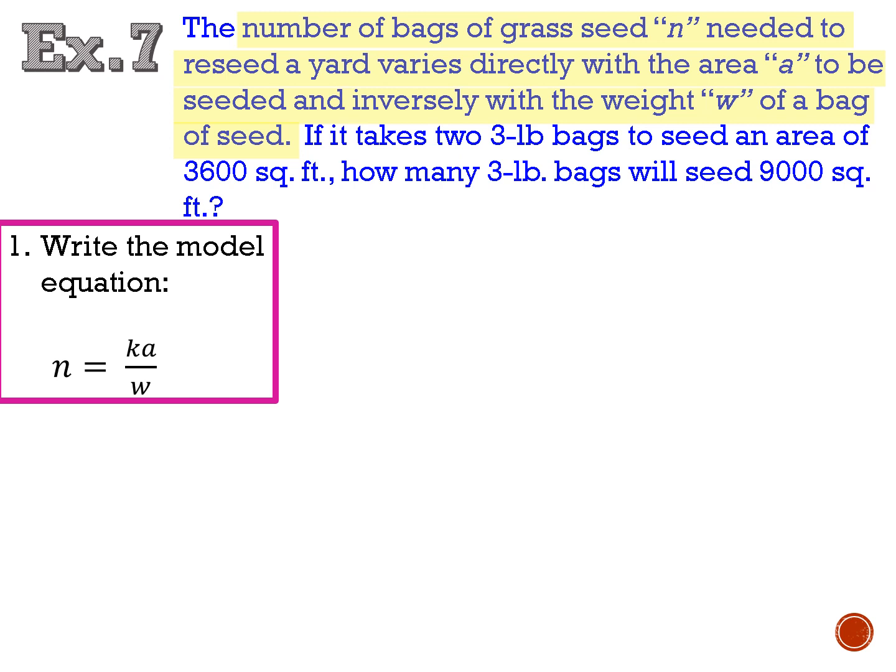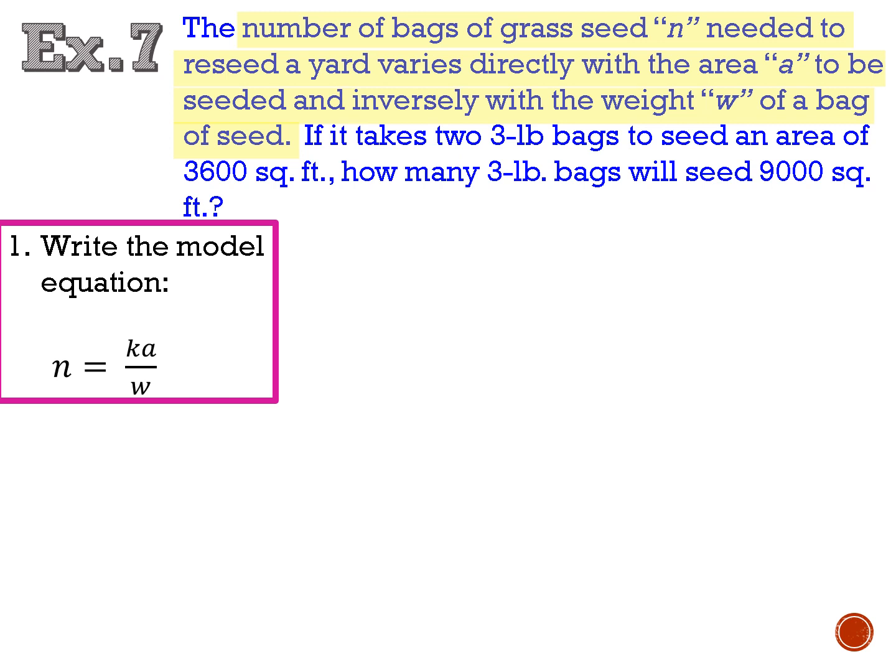And inversely, that means we put this one in the denominator, inversely with W. Okay, N equals direct with A, so A in the numerator, inversely, that means denominator, with the weight W. Now, again, we're not going to give you K, so as soon as you write out where A and W go, you better smack that K up in the numerator. Because if you don't, you'll forget it and your whole problem's going to be wrong too. So that's sad.